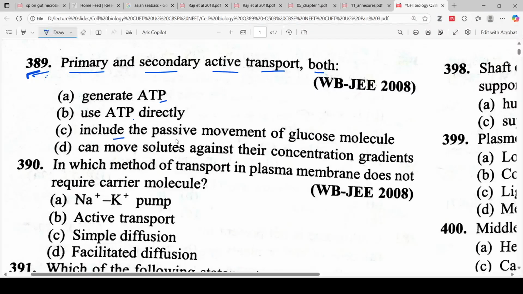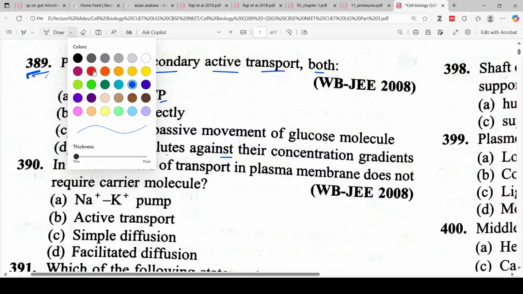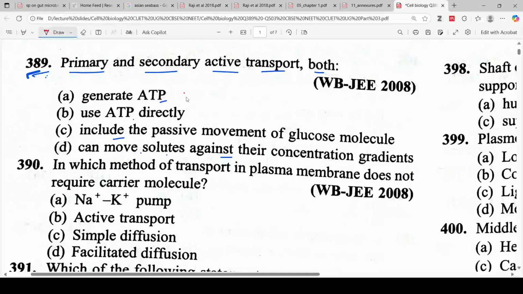C, include passive movement of glucose molecule. Option D, can move solutes against the concentration gradient. So the correct answer is option D.